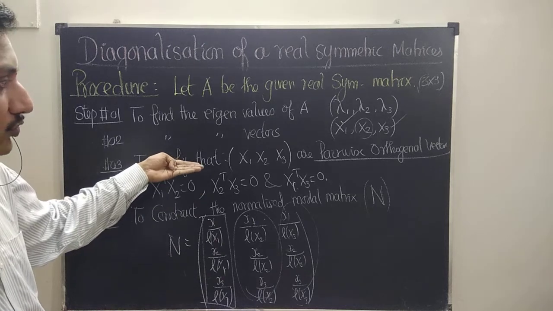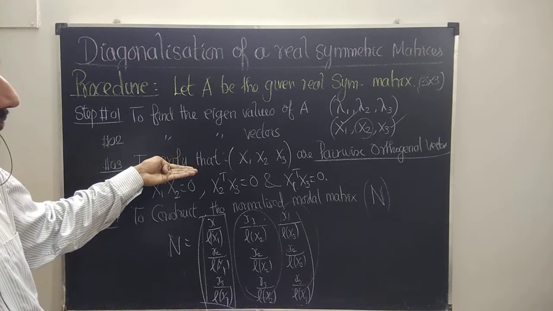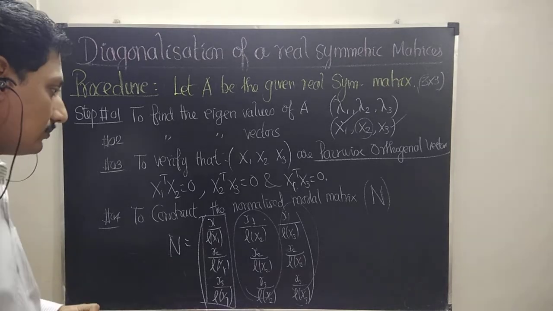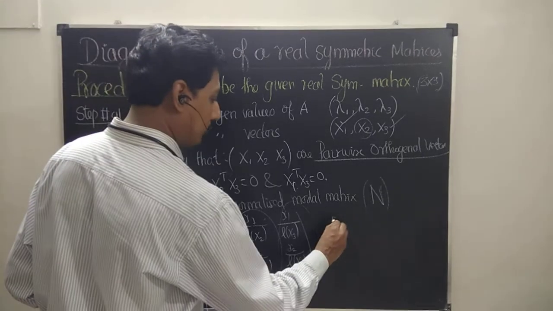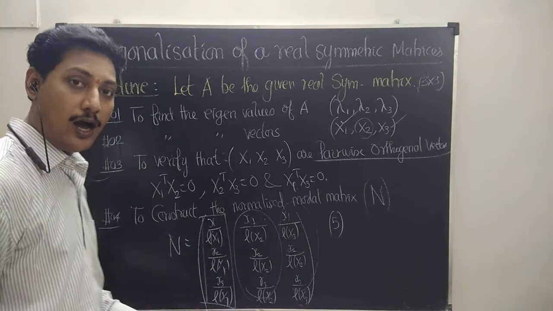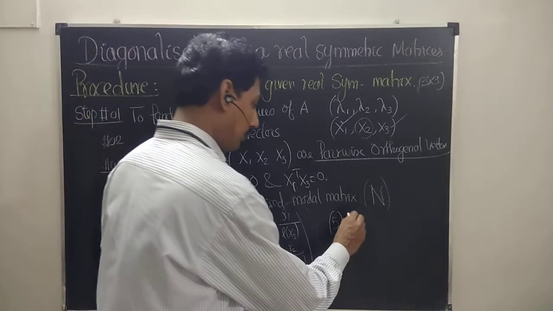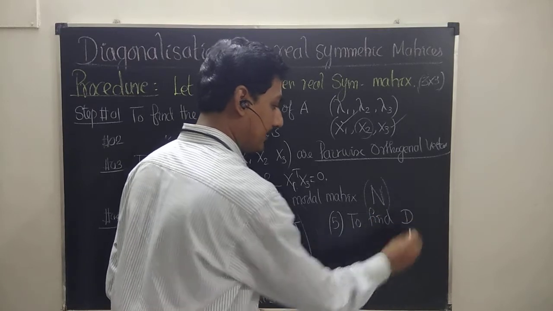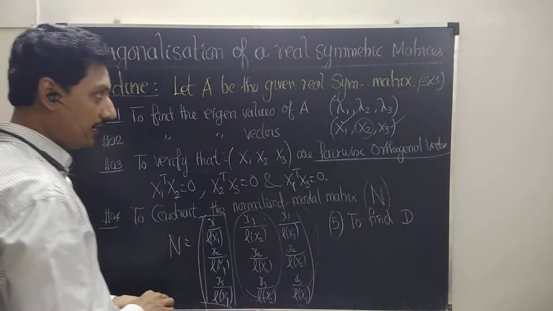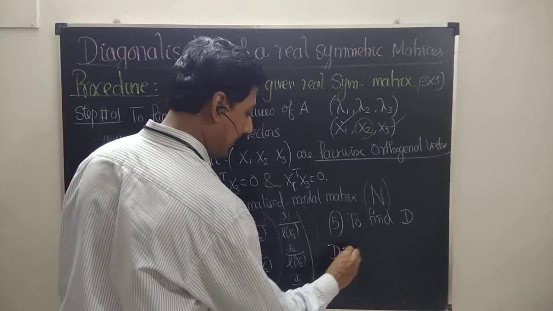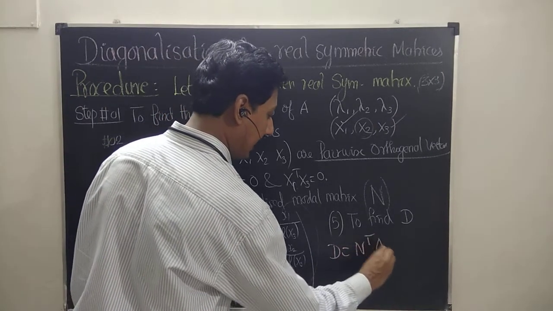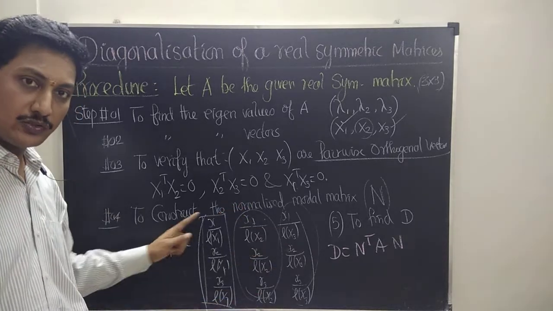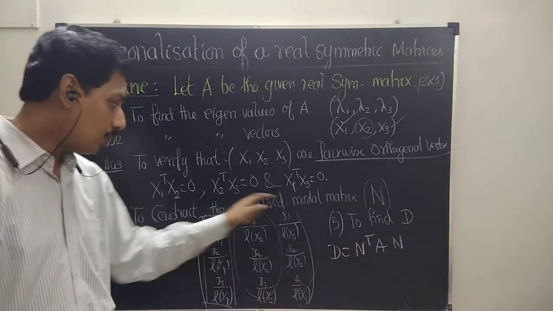Third step, check whether they are pairwise orthogonal vectors. Fourth one is this one. And fifth step, by using the orthogonal transformation, find the diagonal matrix D. What is the diagonal matrix D? D is nothing but N transpose A N. N is the normalized modal matrix and N transpose is the transpose of this matrix.